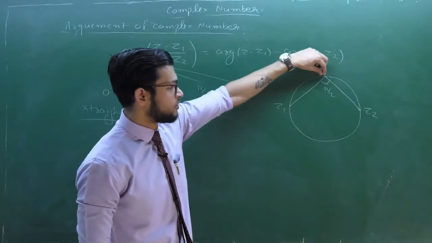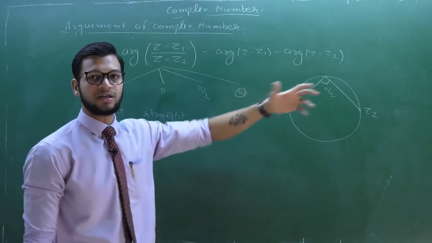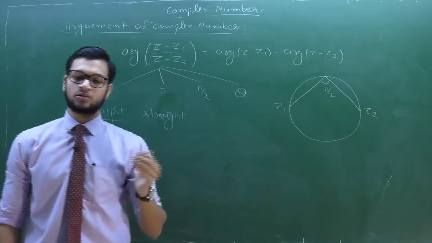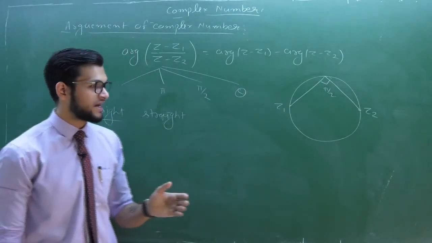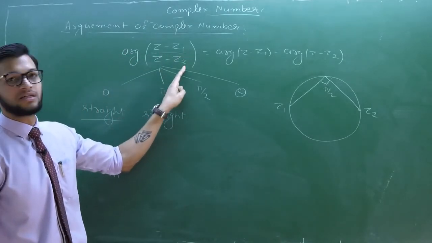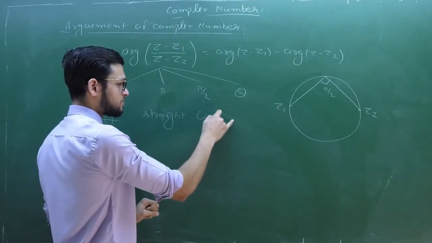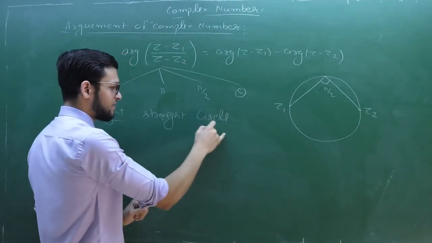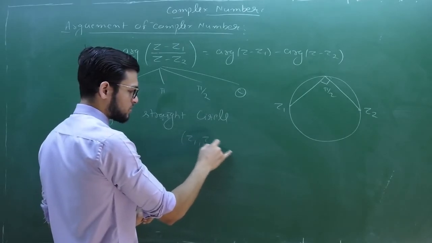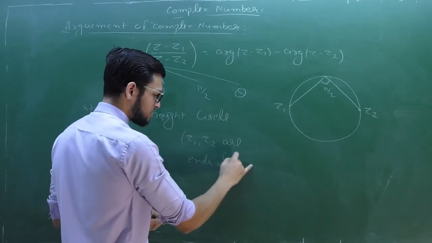Now if you move this point in the right-hand or left-hand direction, the angle remains the same and is always pi by 2. So we can clearly say that if argument of (z minus z1) upon (z minus z2) is equal to pi by 2, then it's a circle where z1 and z2 are the ends of the diameter.